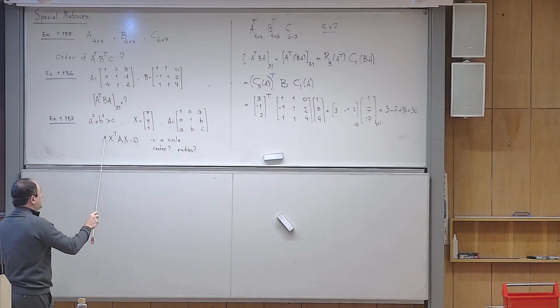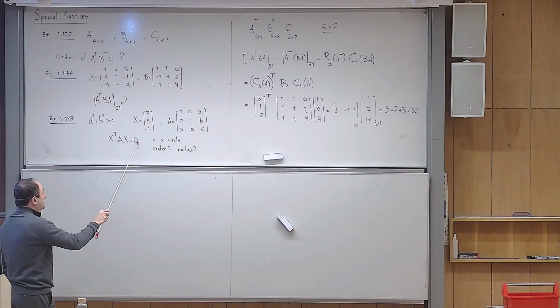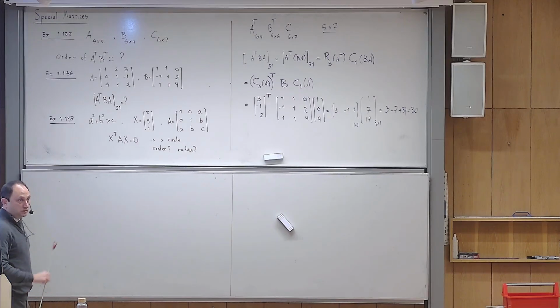We want to show this. Of course, if I ask you what this is, it is a matrix equality because X, A, and X are matrices. But this is 0. Do you think this 0 is the number 0 or the 0 matrix? Yes? 0 matrix. Is it? I guess not, because it's a circle.